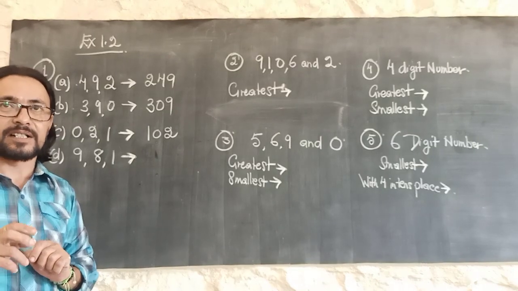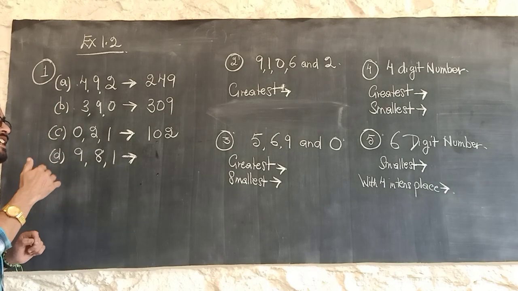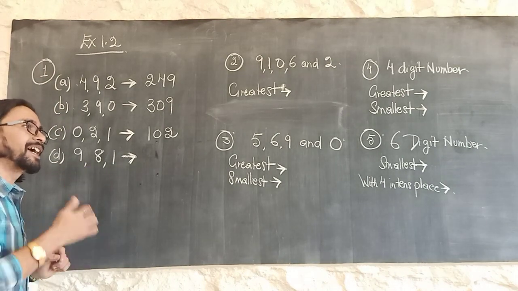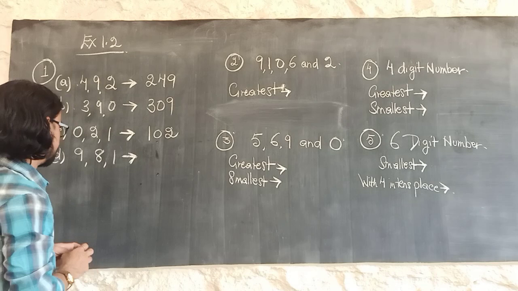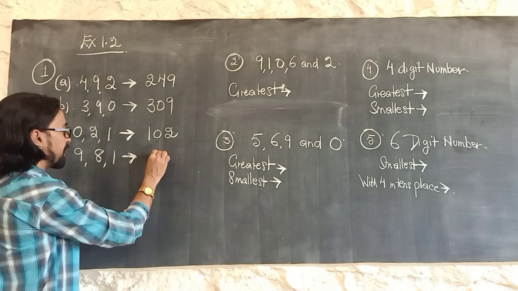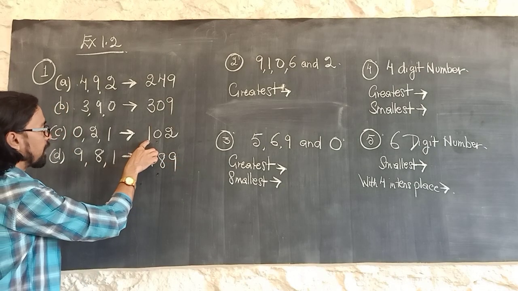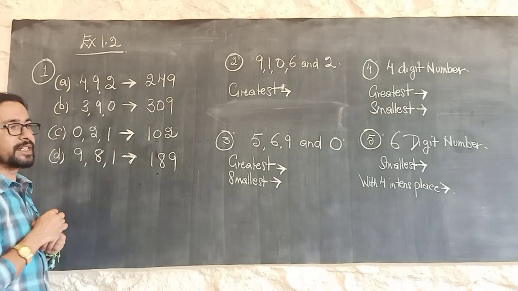Because you cannot start the smallest number with a 0. So you go to the next larger number, put that number and then immediately put 0. Now here, first will come 1, then will come 8 and then will come 9. So I get, in this case 102 and in this case 189.